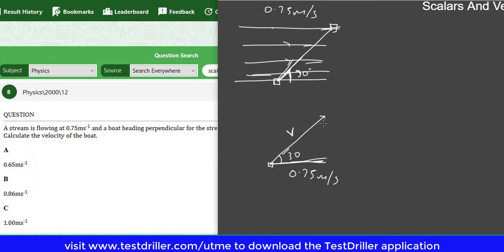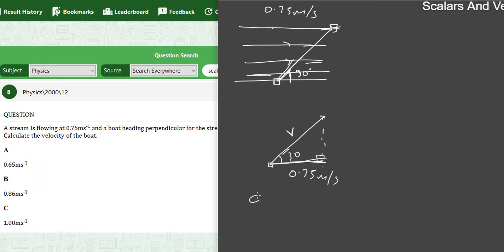So you can try to complete this. So this looks like a right-angled triangle. So here is the hypotenuse, and this side is the adjacent to this angle. So what formula do we want to use here? Since we know the adjacent and we know the hypotenuse, cos is the right thing to do, cosine. So cos 30 is equal to the adjacent 0.75 divided by the hypotenuse.